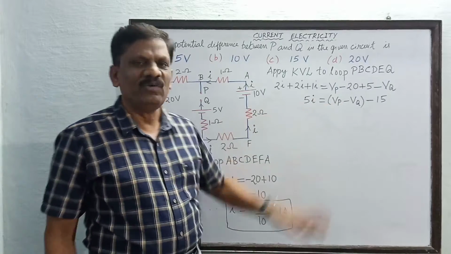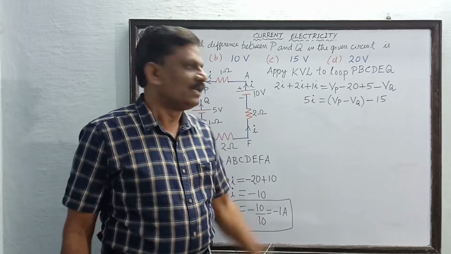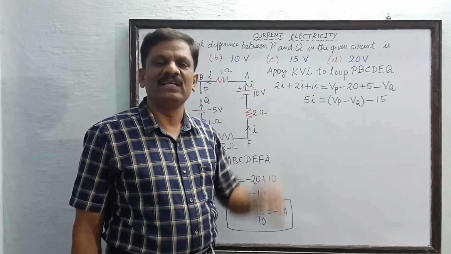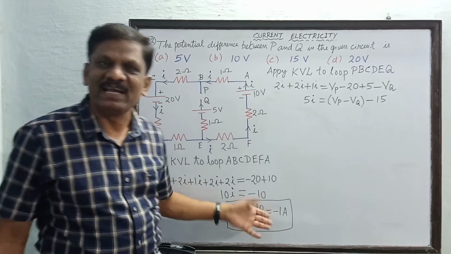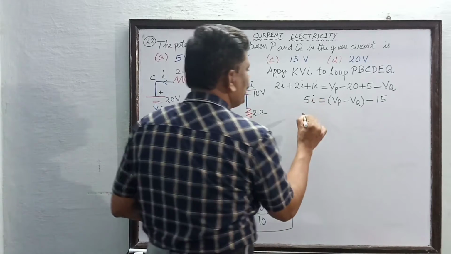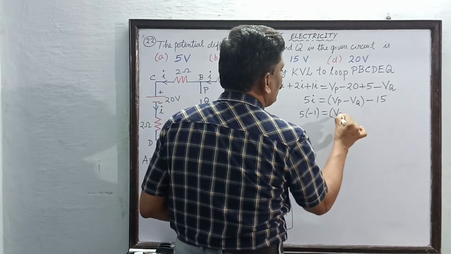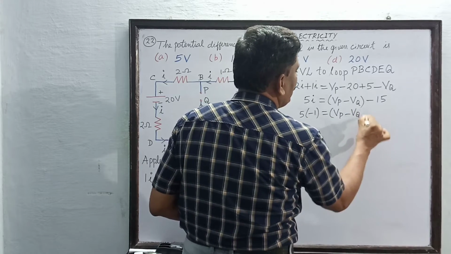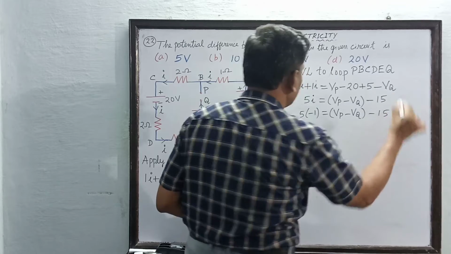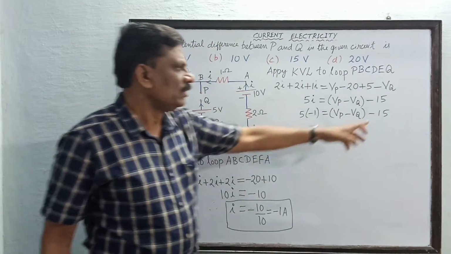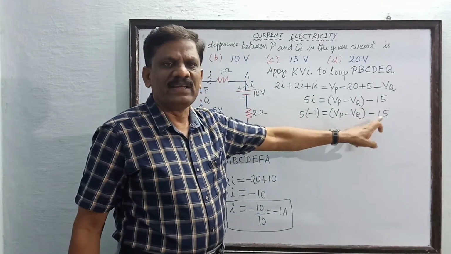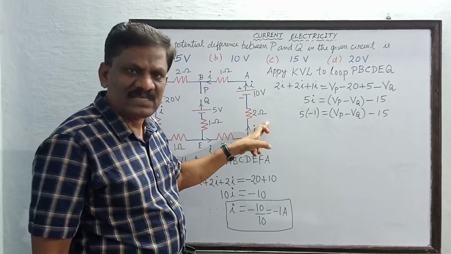We need the value Vp minus Vq. Now what is the value of current I? We have already found it is minus 1 ampere. So I am going to substitute. 5 into minus 1 is equal to Vp minus Vq minus 15. So this minus 15 is taken to the left hand side as plus 15.